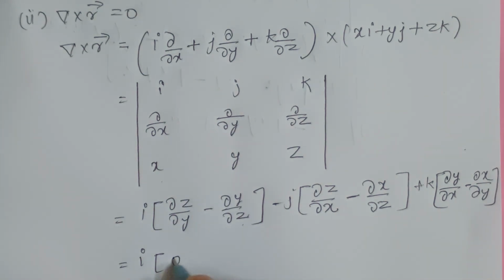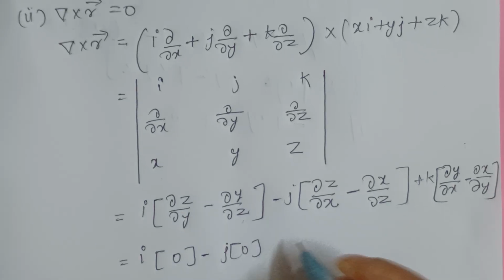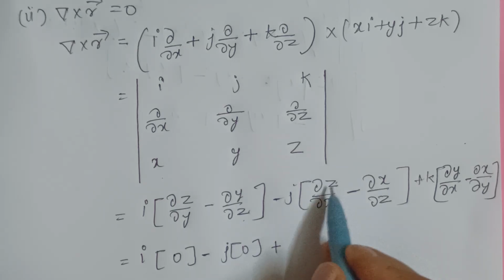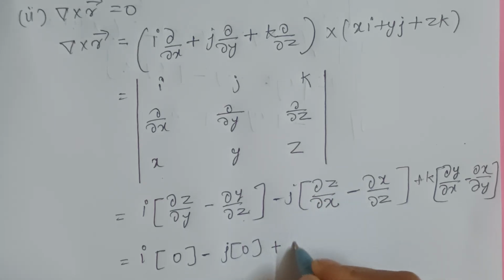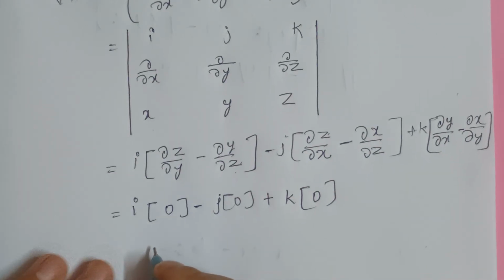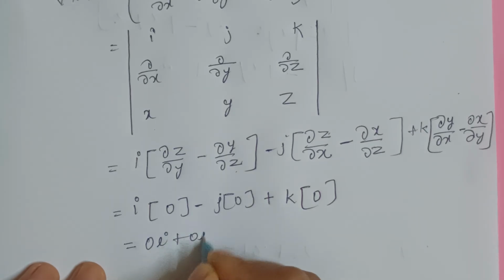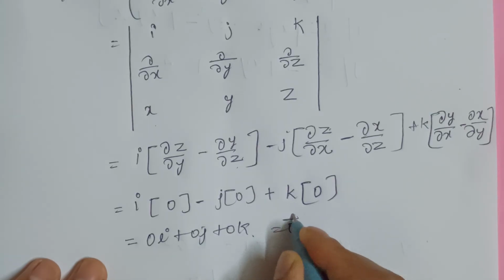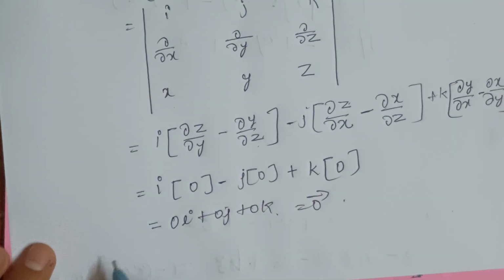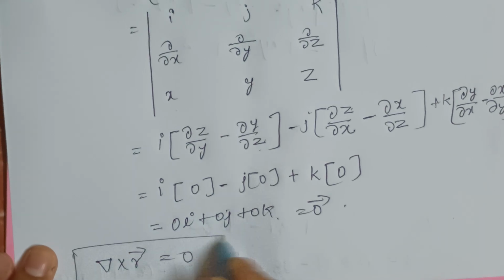So 0 minus j times 0, plus k times 0, because these are partial differentiations. So this is simply 0i plus 0j plus 0k, which is the vector 0. Hence del cross vector r is equal to 0.